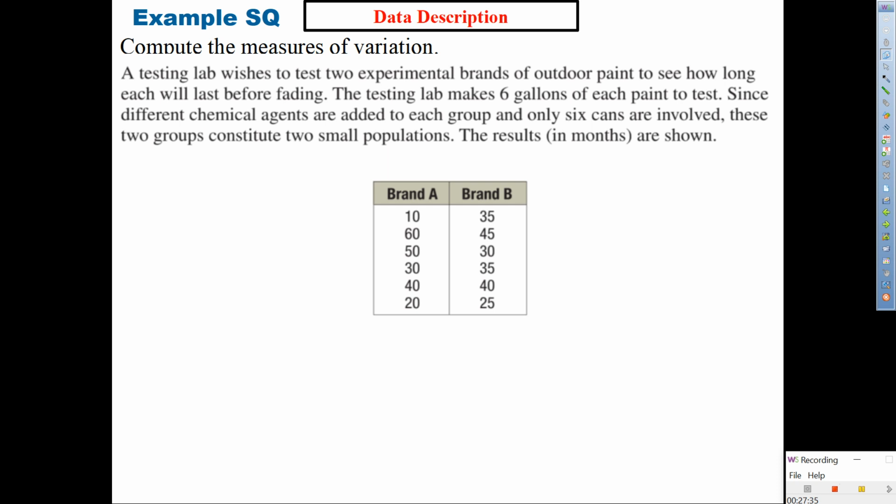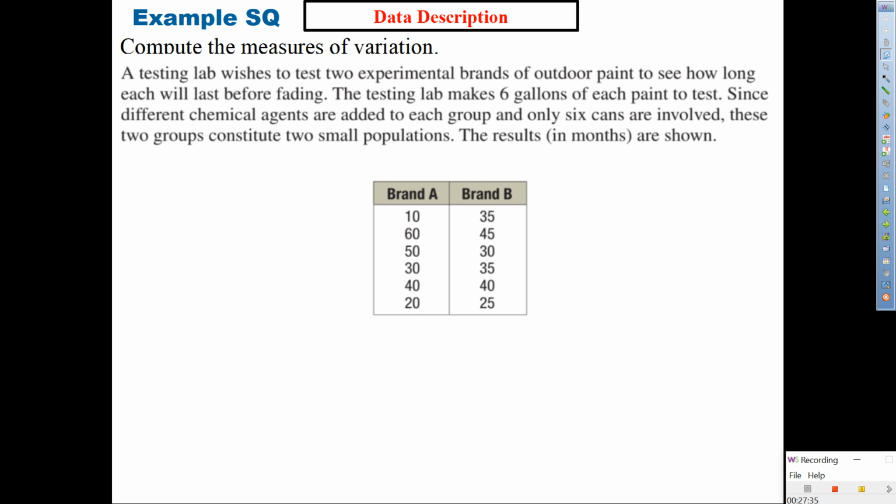All right, and it reads, compute the measure of variation. A testing lab wishes to test 2 experimental brands of outdoor paint to see how long each will last before fading. The testing lab makes 6 gallons of each paint to test. Since different chemical agents are added to each group and only 6 cans are involved, these 2 groups constitute 2 small populations. The results in months are shown.